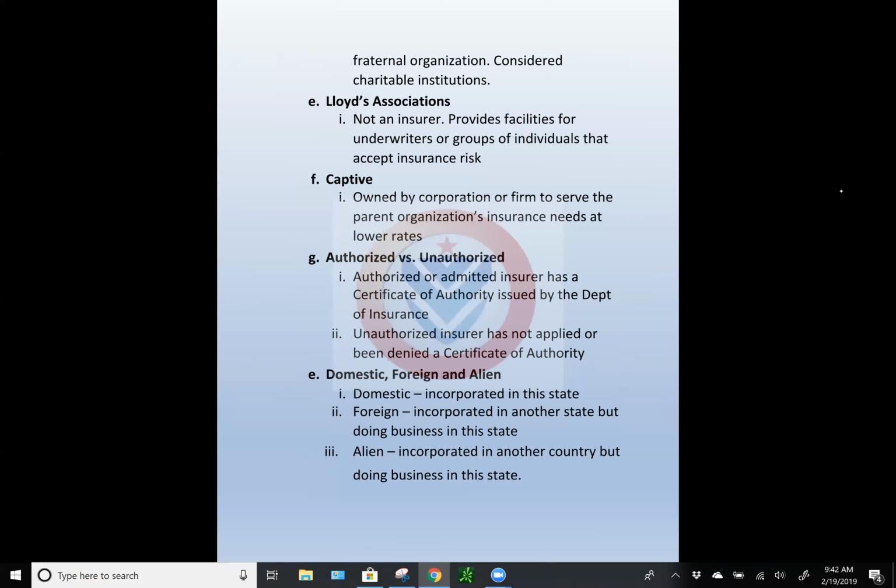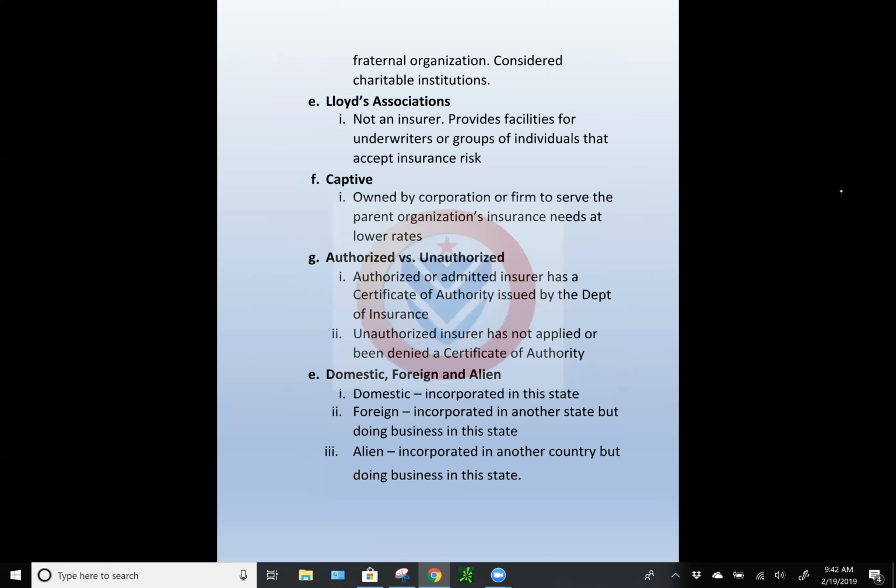If an insurance company has a certificate of authority, that means that they are authorized or admitted to do business in the state. Because if they do not have a certificate of authority or have been denied one, then they are unauthorized or non-admitted.